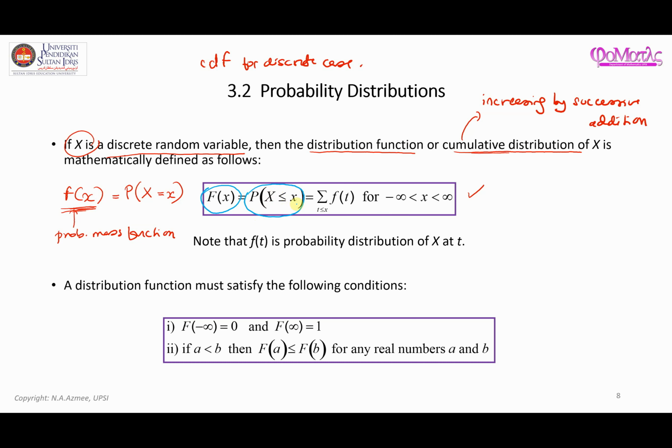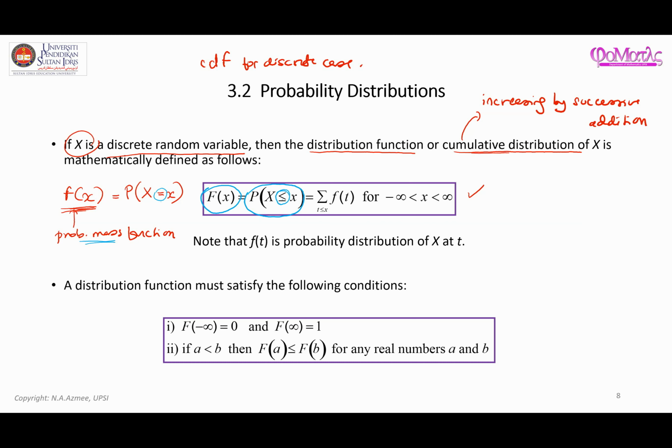So the difference is in the symbol: this one is less than or equal to for the cumulative distribution of x, and this one is just the equal sign used in defining the probability mass function.